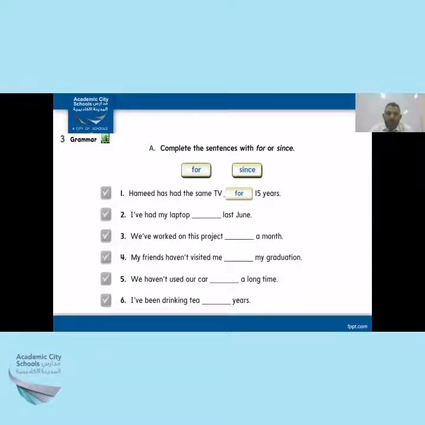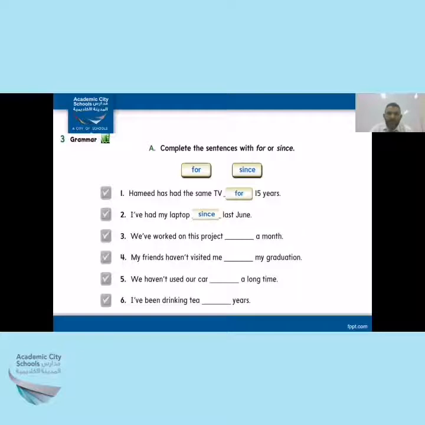Number 2. I've had my laptop, space, last June. Here we have last June, the beginning of an action. So we use since. Excellent.